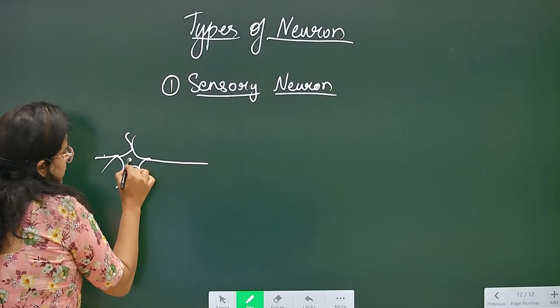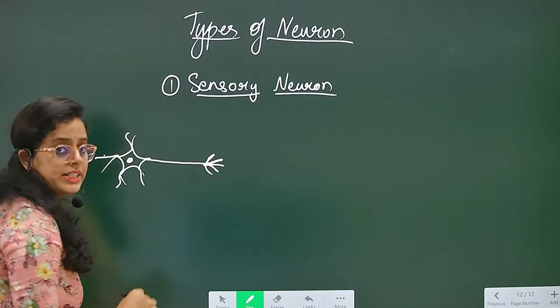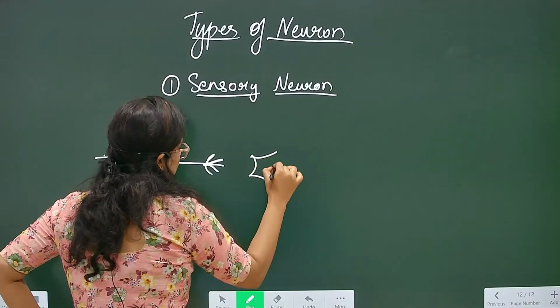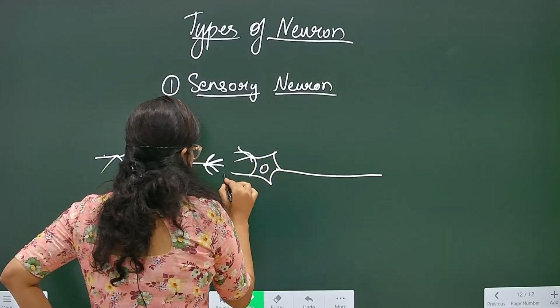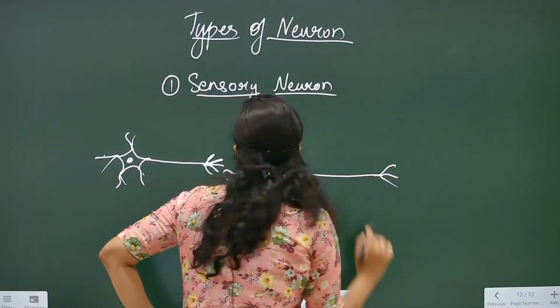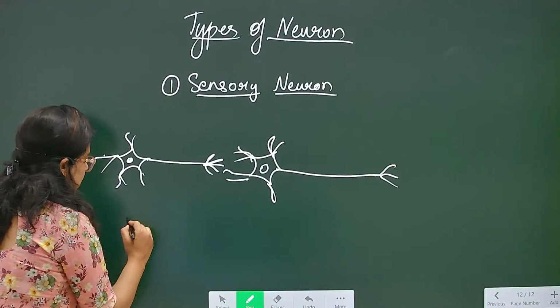So these are the small neurons. They are interconnected with each other, as I have told you earlier also. These neurons are generally present in the sensory organs.